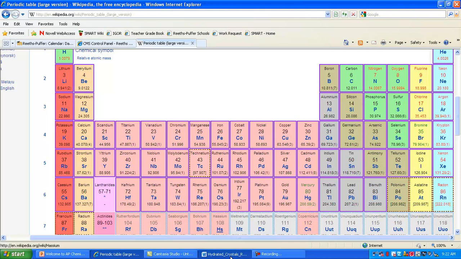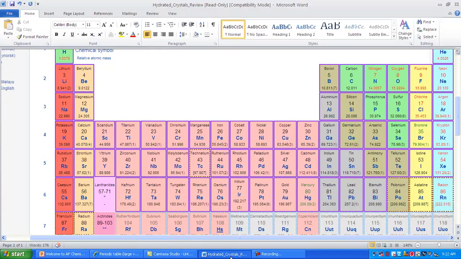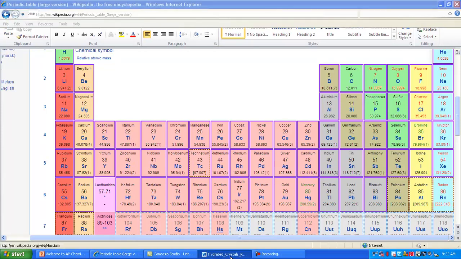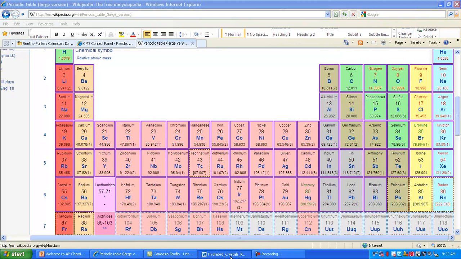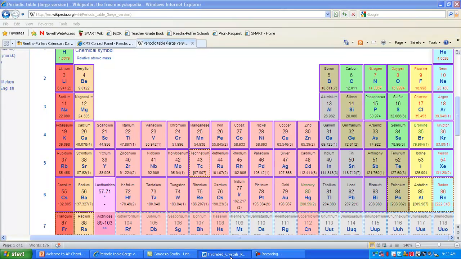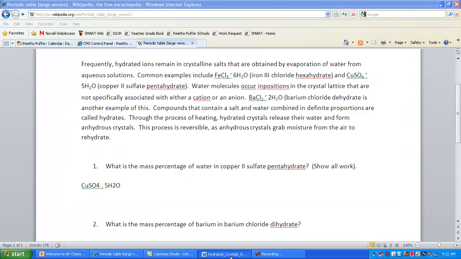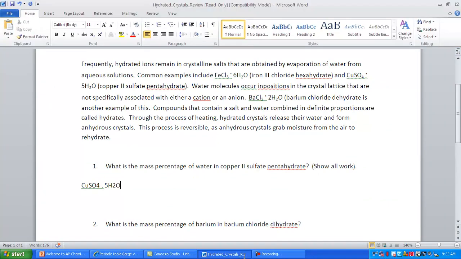But remember, we also are adding water, and we need to add 5 water molecules to find the total weight of the compound. We'll begin by adding 5 H2Os. So 5 times 18 plus the original 159.5, and I get a total weight of 249.5.